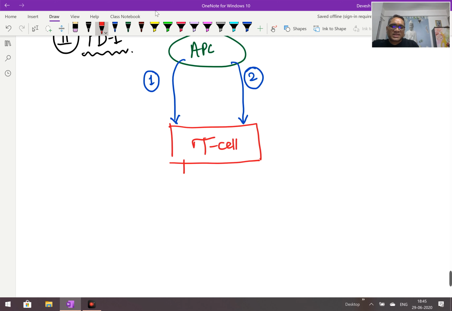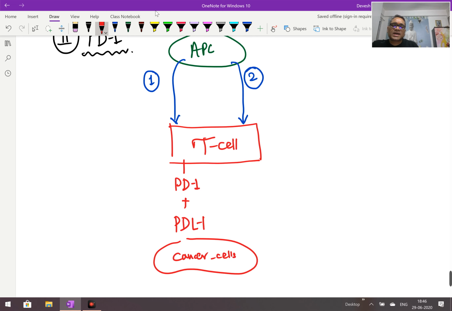When cancer cells are coming, there will be the PD1 receptor on the T cell. This will combine with PD ligand 1 present on the cancer cell. So cancer cells are having PDL1.